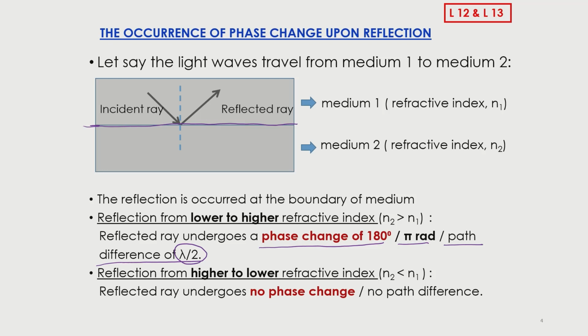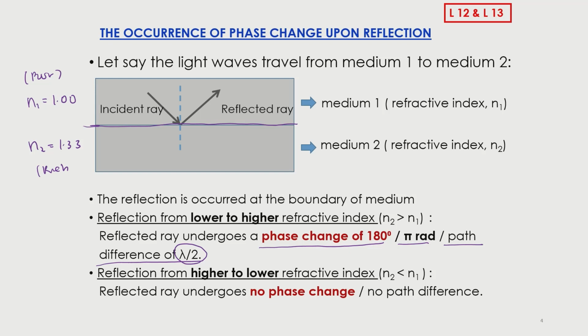For example, if your refractive index for medium 1 is 1 and your refractive index for medium 2 is 1.33. Remember the analogy I told you? Let's say the refractive index for medium 1 is poor and the refractive index for medium 2 is rich. Of course, from poor you want to become rich.